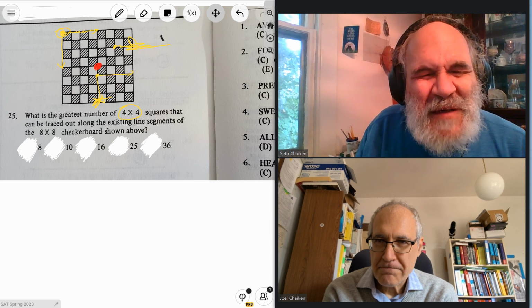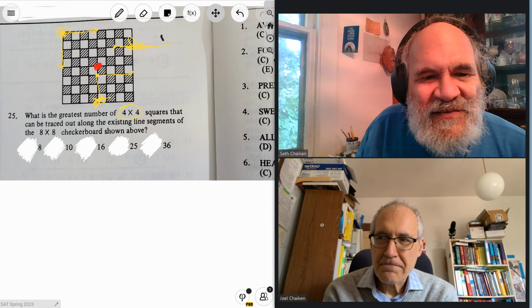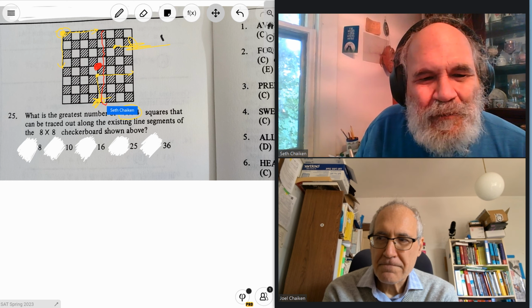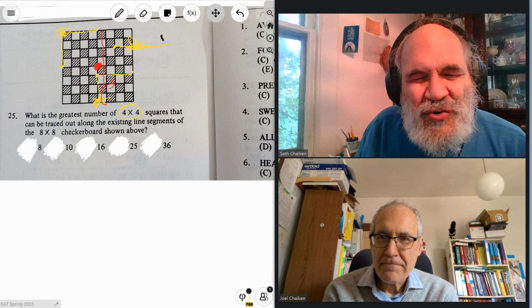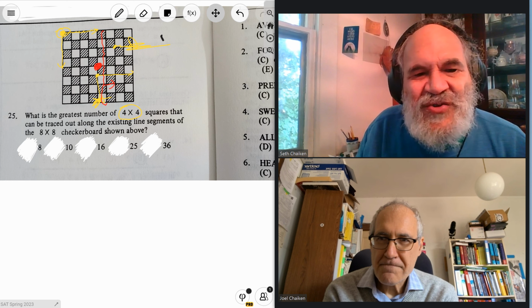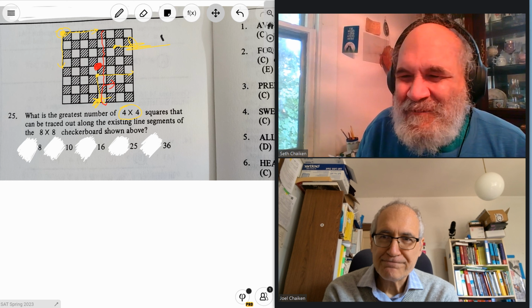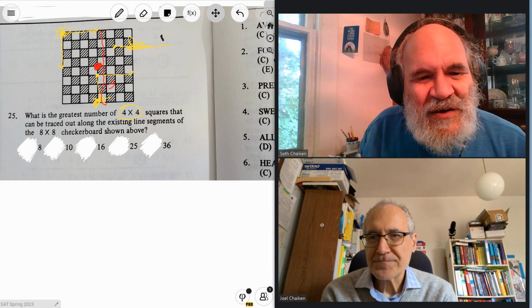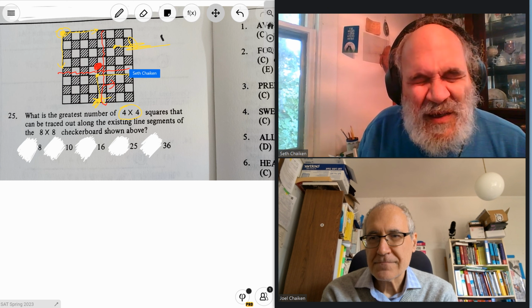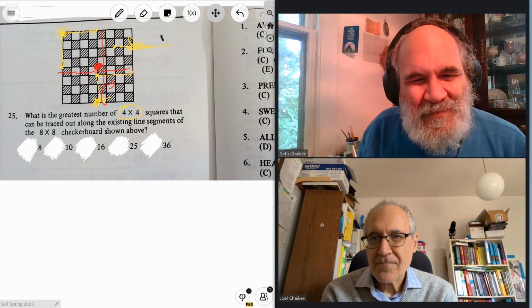If I'm anywhere strictly to the right, if I try to put an upper corner of my new 4x4 square anywhere to the right of this red dot, it's a no-no. And similarly, if I'm going to put my corner anywhere below the red dot, it's also a no-no.